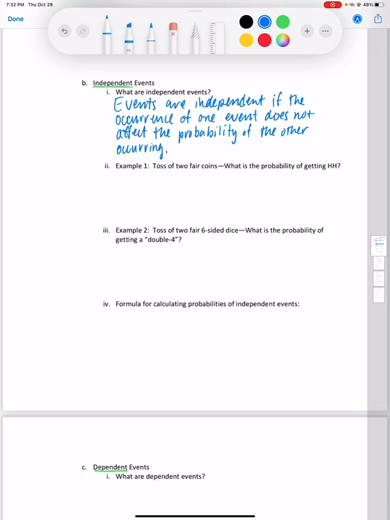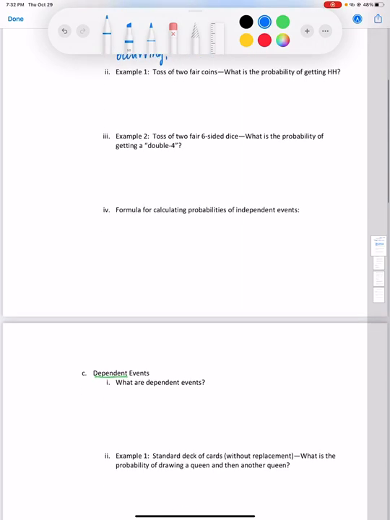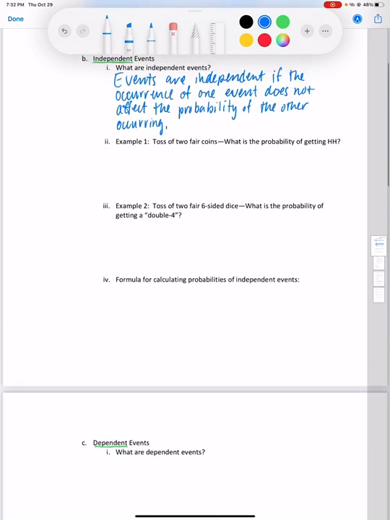Okay. Let's do a couple of examples here. Example number 1, tossing two fair coins. What is the probability of getting two heads? At the end of last section, we calculated this by writing out all of the possible outcomes of two fair coins. Here we can look at the events independently.